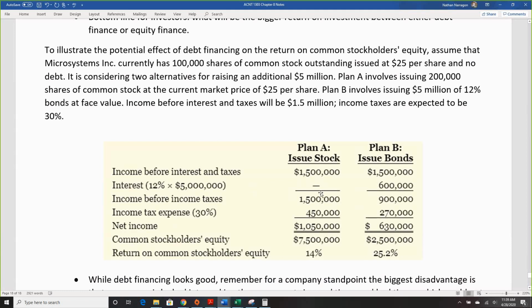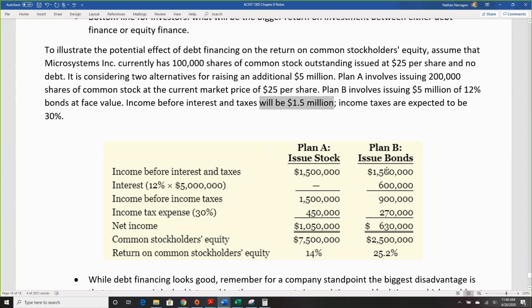So Plan A is issuing stock, or basically equity finance. So here's our income. This is what they told us up here. Our income will be $1.5 million. Notice it's the same for both plans. And this is what we do when we try to compare to find the best decision for our business.